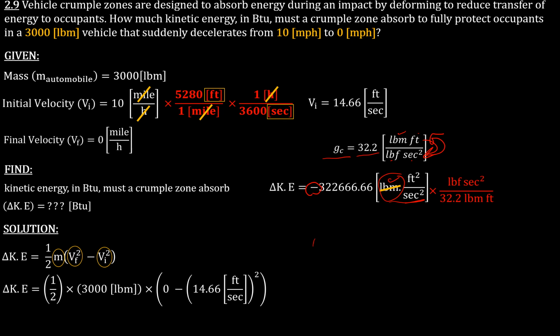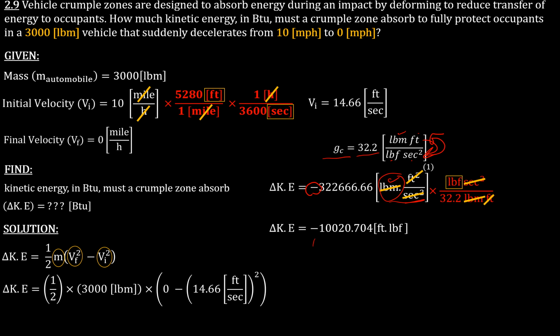So here we will use the conversion factor that we talked about. A pound mass will cancel with a pound mass, good, and a second squared will cancel with a second squared, and a feet will cancel with feet squared, and we will be left with 1 feet and pound force, and the value for the kinetic energy will be this value in feet times pound force.